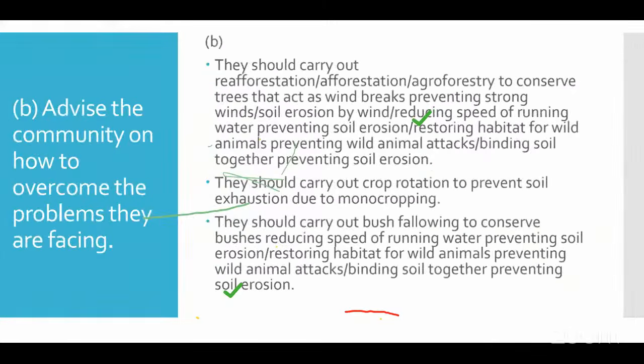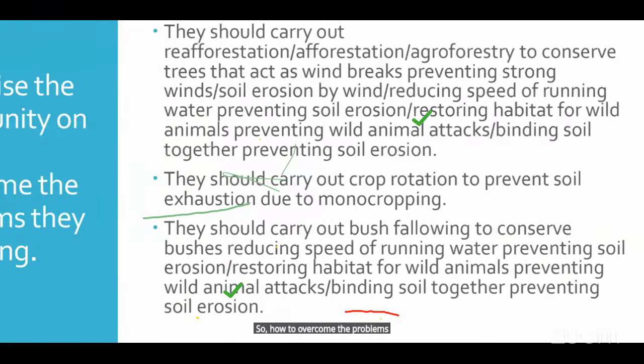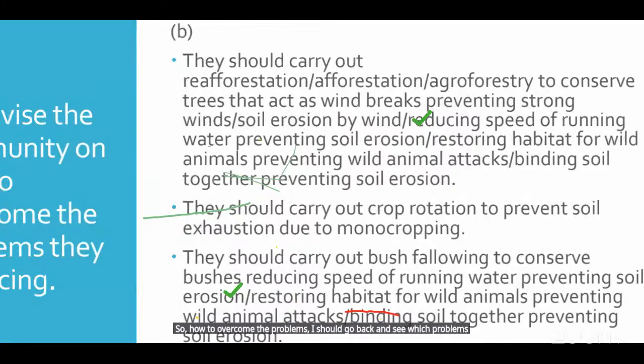So how to overcome the problems, I should go back and see which problems did I have and now I address them. So if I explain the clearing of the vegetation in terms of strong winds, then my reforestation or afforestation or agroforestry should link to that. Meaning that even here, reforestation, that is one. So my reforestation may go to strong winds.